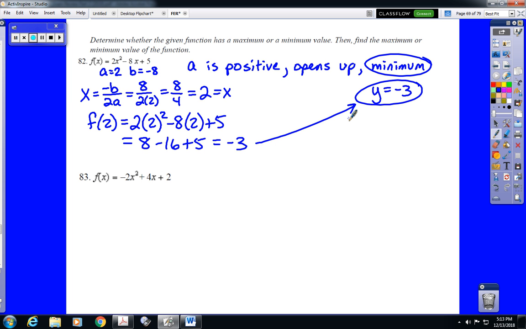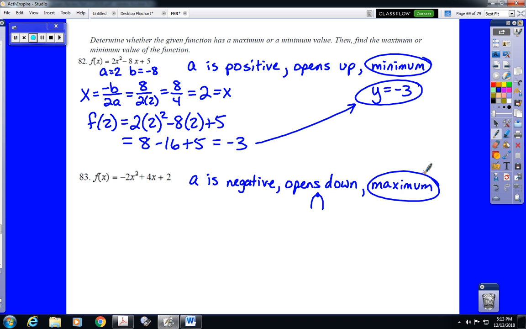Same thing on number 83. In this case, a is negative, which tells me that this opens down. And that means that since it opens down, that vertex is the maximum value. Then I say, okay, a is negative 2, b is 4. I need the axis of symmetry, which is negative b over 2a.